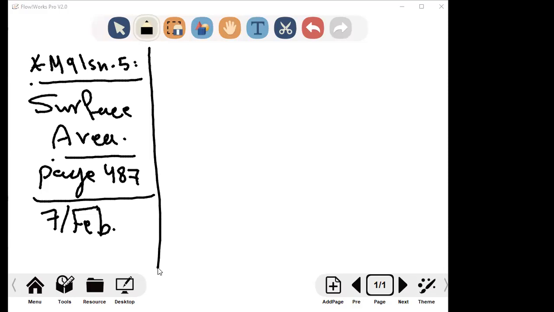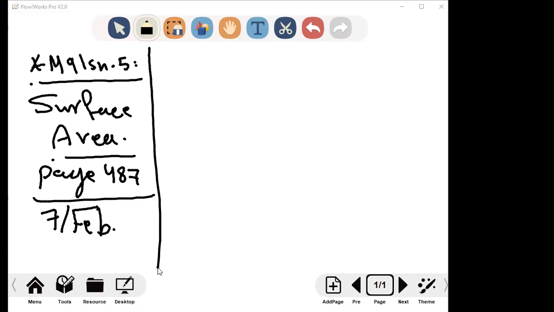So to find the surface area, I need to find the area of the floor, the roof, sorry, the area of the floor, the area of that wall, that wall, that wall, that wall. How many areas do we have? 6 areas. For each face, we have an area.